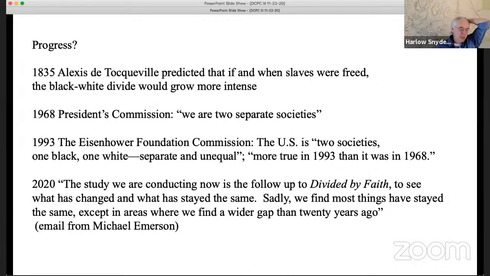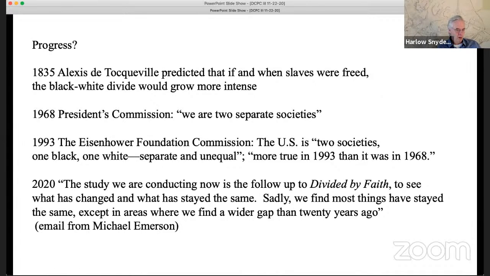So Pam, to your question, this study that they did was in the year 2000. This is in the historical analysis chapter, going all the way back to 1835. Alexis de Tocqueville predicted that if and when slaves were freed, the black-white divide would grow only more intense.